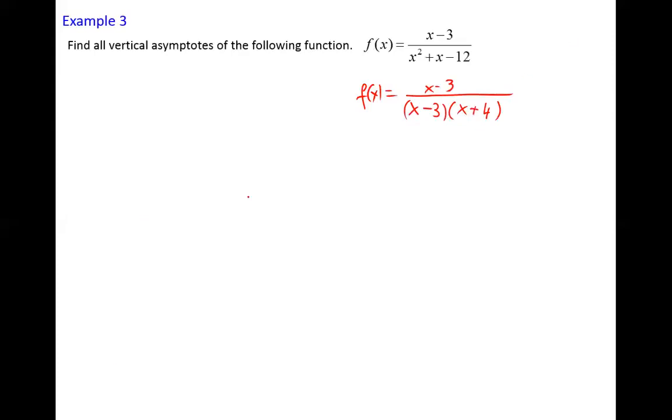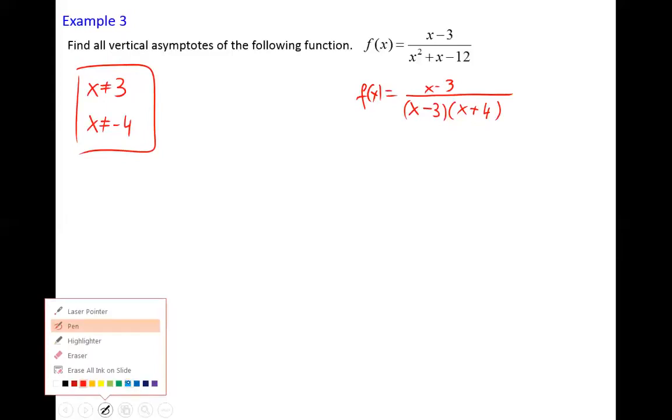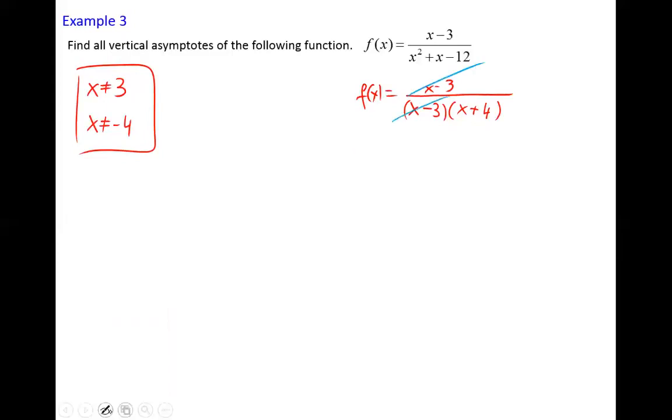Again, looking at the function, I see that x equals 3 is not in the domain and x equals negative 4 is not in the domain. However, do not assume that both of them will give me vertical asymptotes. I also see a common factor I can cancel out. That means the reduced form of my function is 1 over x plus 4.